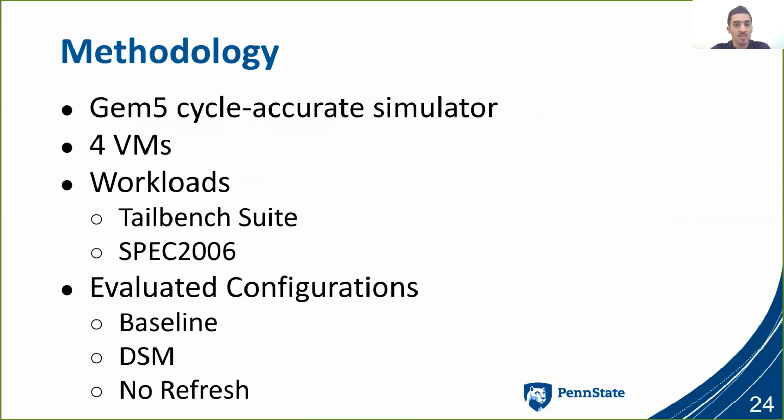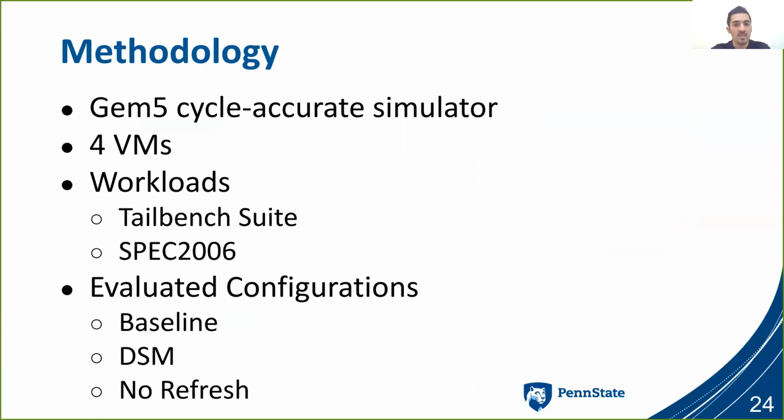To evaluate DSM, we use the gem5 simulator, which is a cycle-accurate architectural simulator, and we ran 4 VMs inside gem5, and on each of these virtual machines, we run a mix of benchmarks from the Tailbench suite and memory-intensive applications of SPEC 2006. Then to see the effectiveness of DSM, we compared it with 2 other configurations.